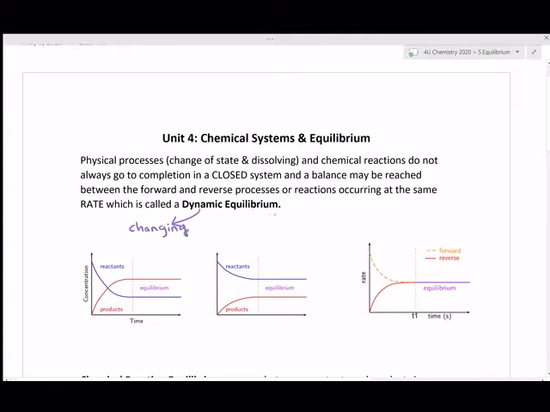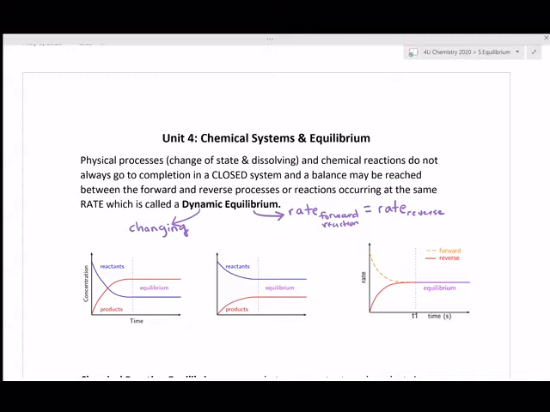But equilibrium is stating that there is something very important that is the same, and that is the rate, and I'm just going to write a little subscript here, of the forward reaction is going to be equal to the rate of the reverse reaction. So we just finished up our unit on rate. So that is what is happening at equilibrium, that the rates are equal.